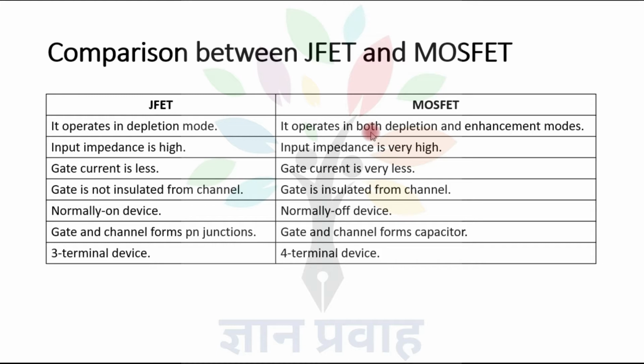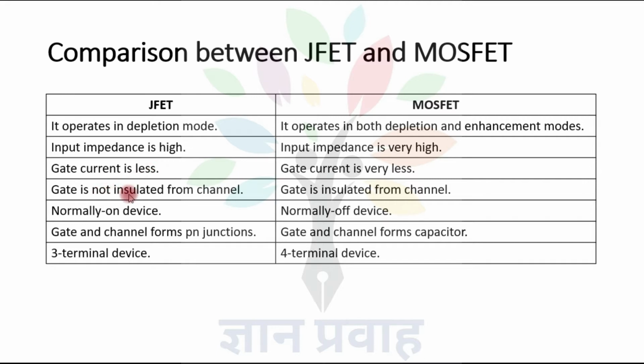It depends on the type of the MOSFET. And the input impedance is high in case of JFET, while input impedance is very high in case of MOSFET. Gate leakage is less in case of JFET, while gate leakage is very less or approximately equal to 0 in case of MOSFET. That causes high input impedance in MOSFET.